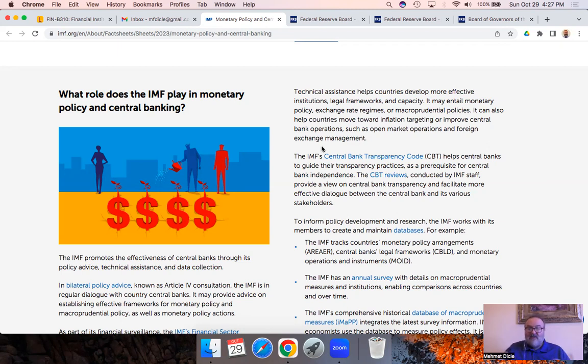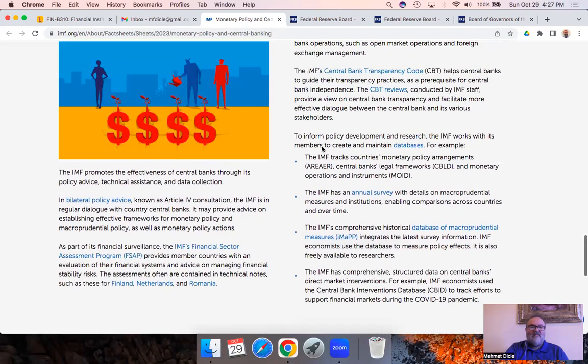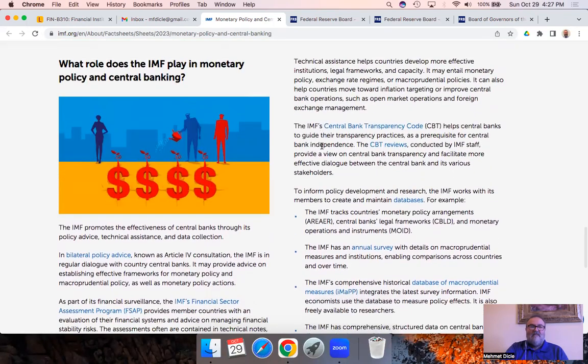So, from a country perspective, being regulated by, well, perhaps I shouldn't say regulation, but being helped by the IMF is by choice, and countries simply may choose not to be involved with the IMF funding operations.